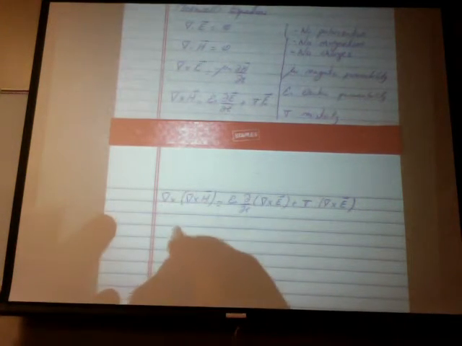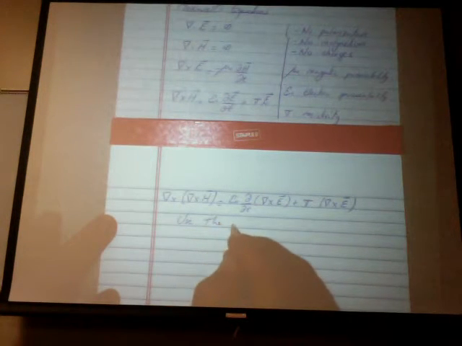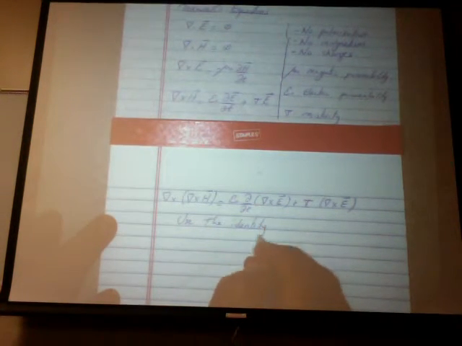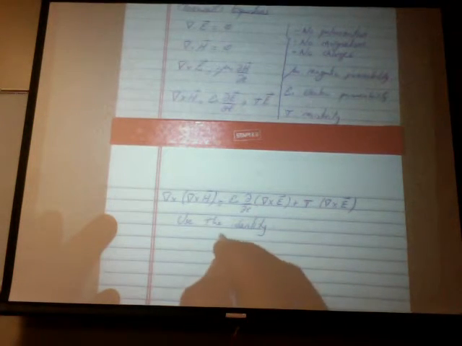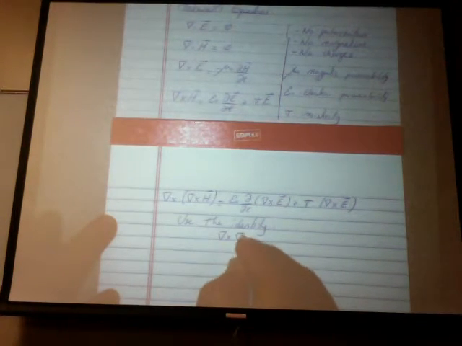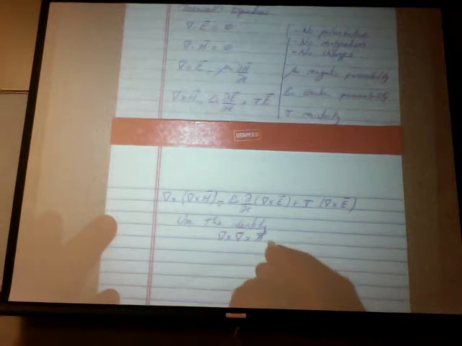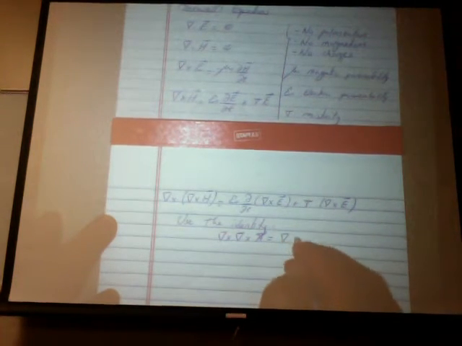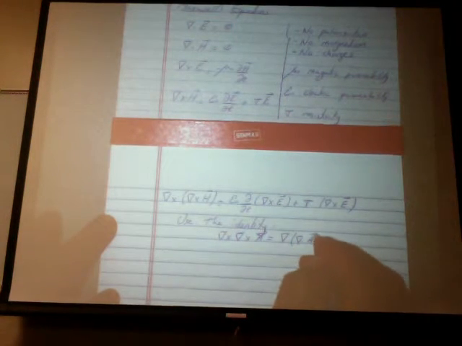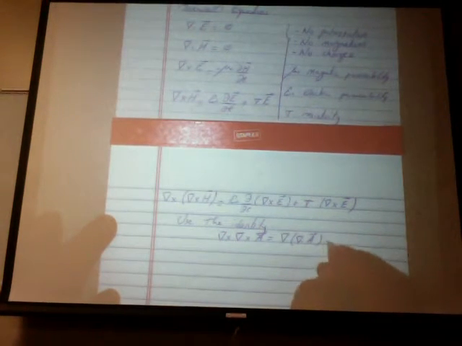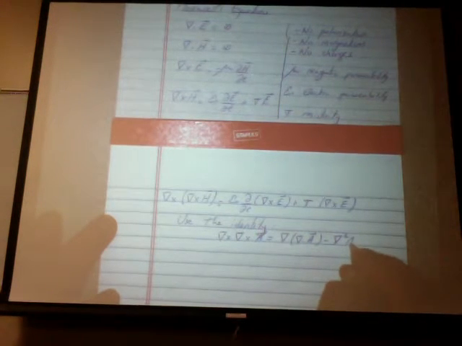And we're going to try to use the identity that says that the curl of the curl of a vector field A is equal to the gradient of the divergence of A minus the Laplacian of A. That's a vector identity, which I think I asked you to prove in homework, if I remember correctly.